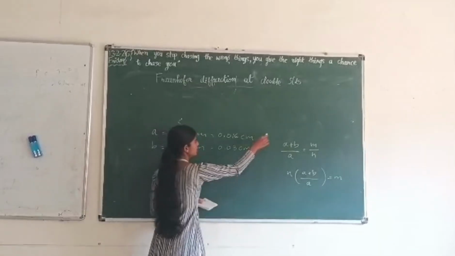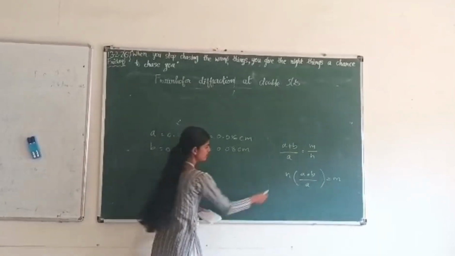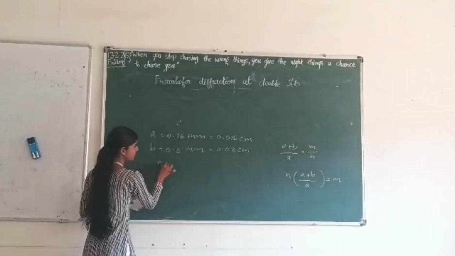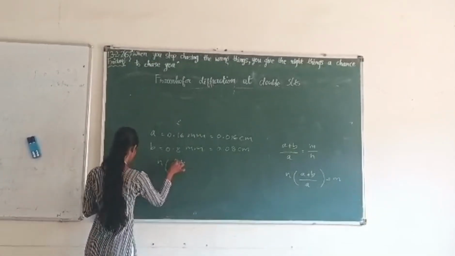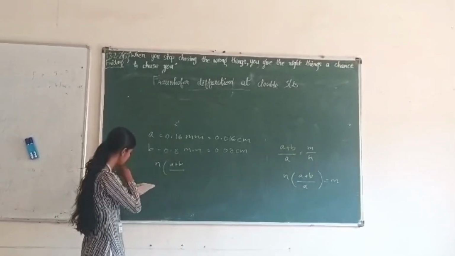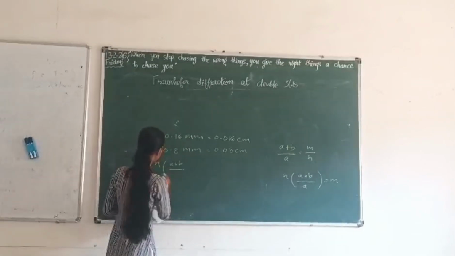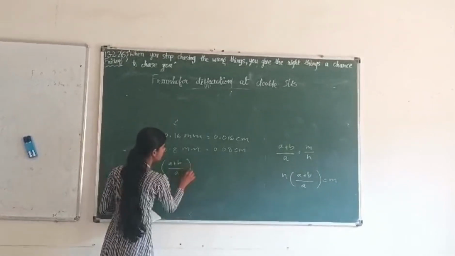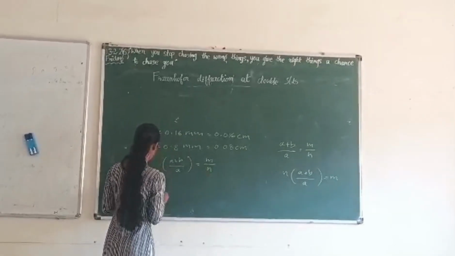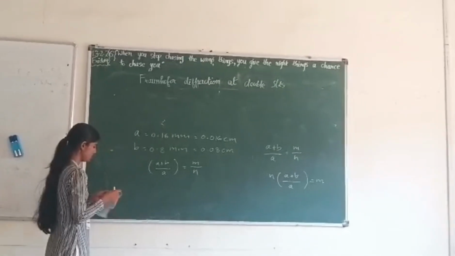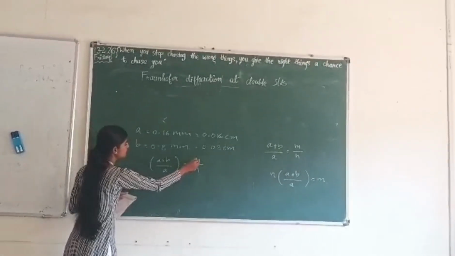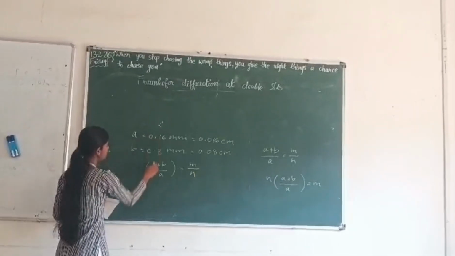So the equation for missing orders is a plus b by a equal to n by m. We can find n by m by substituting these values in this equation.